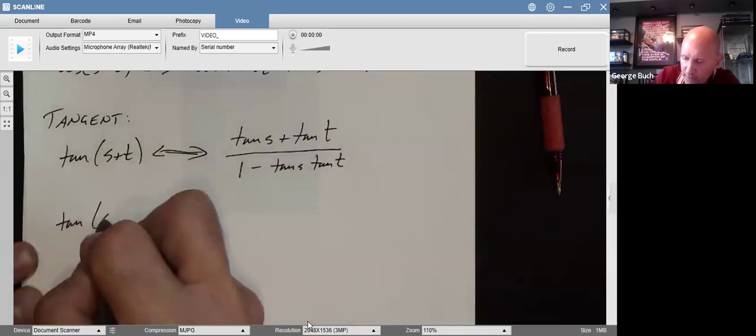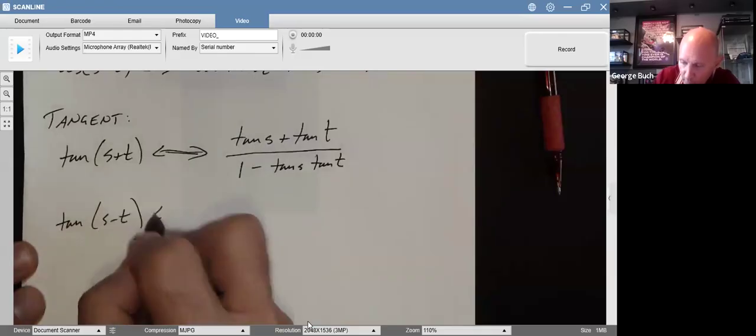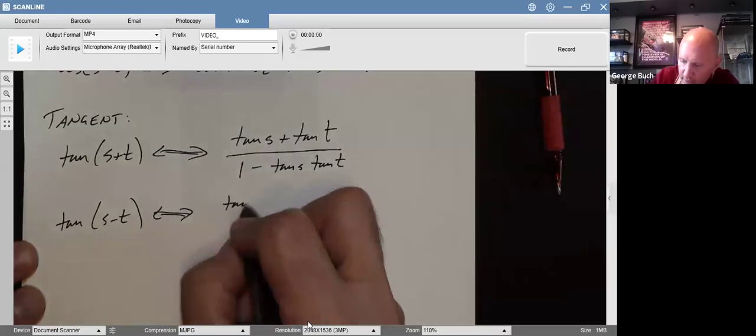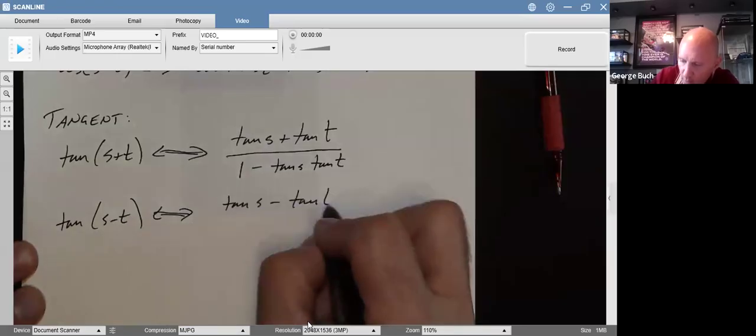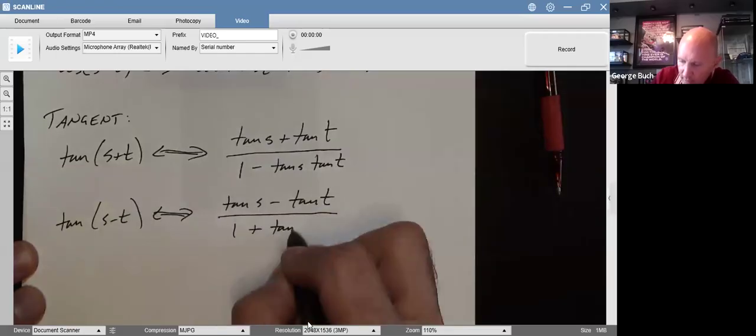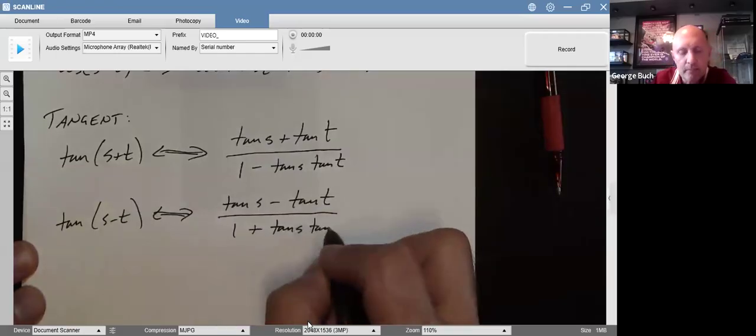And tangent of s minus t has more or less the same format, but we switch the signs. So it's tangent of s minus tangent of t over 1 plus tangent of s times tangent of t.